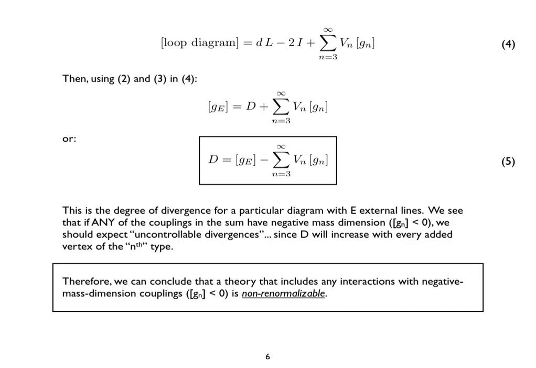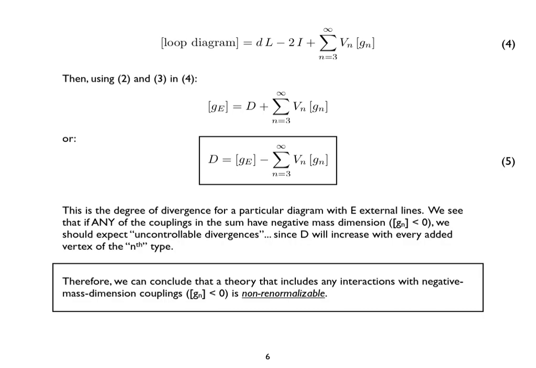So if g_n has negative mass dimension, every time we add that vertex into a particular process, or if we're just trying to renormalize the theory, we're going to have to introduce more and more terms. So the general rule you take out of this is that any theory that includes interactions with negative mass dimension couplings has to be non-renormalizable. And we'll see examples of that.